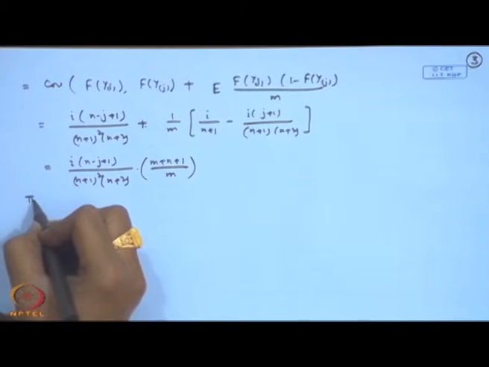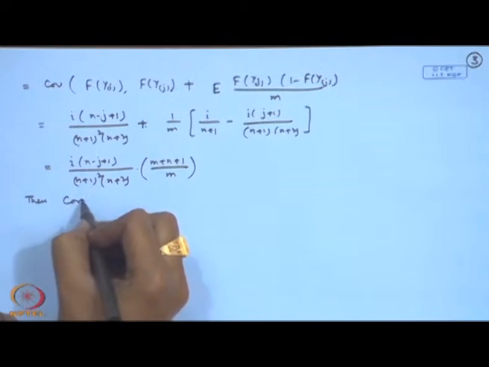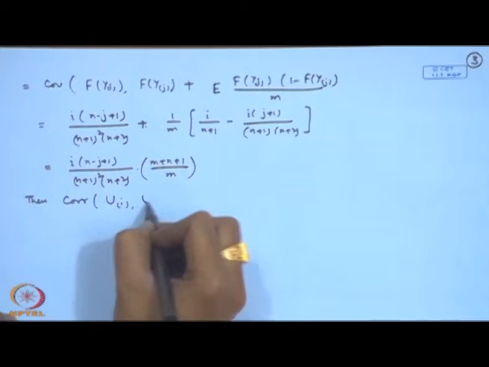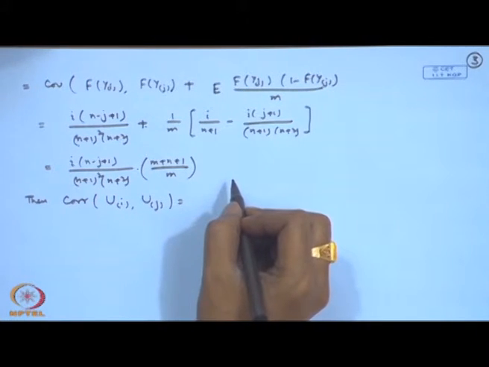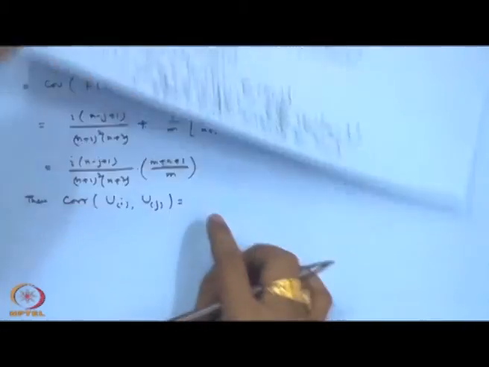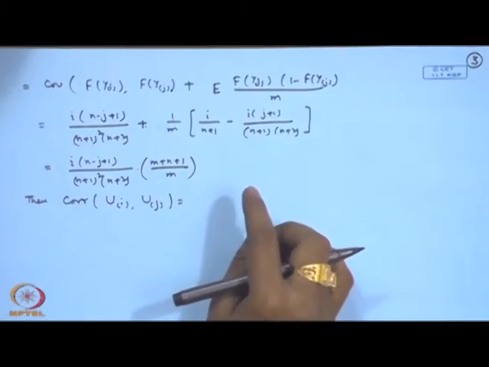Let us also look at the coefficient of correlation between u_i and u_j. That is equal to the covariance divided by the square root of the variances.